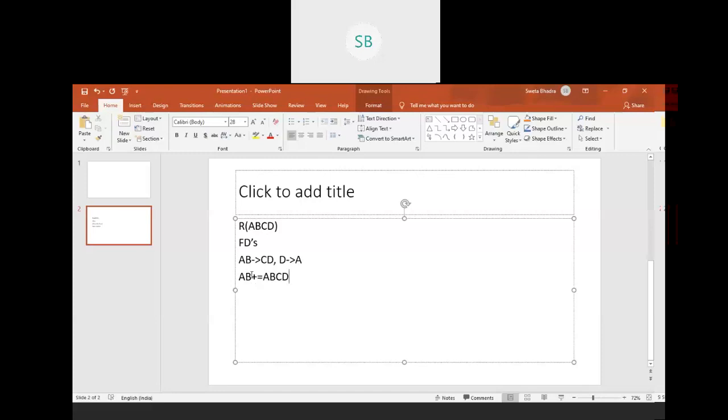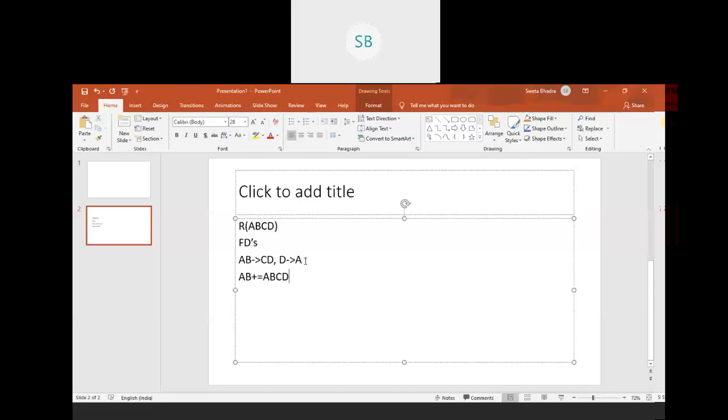Now it is not over. Now we have to check what other things can be a candidate key. So you check A: is A coming on the right-hand side of any functional dependency or not?